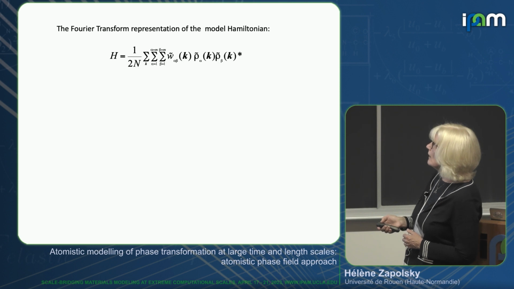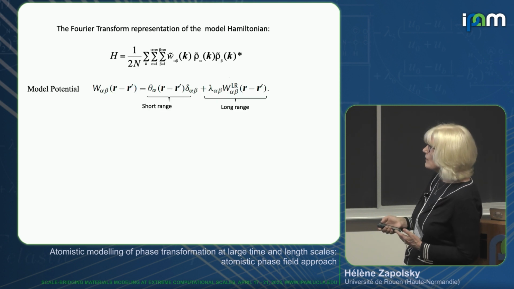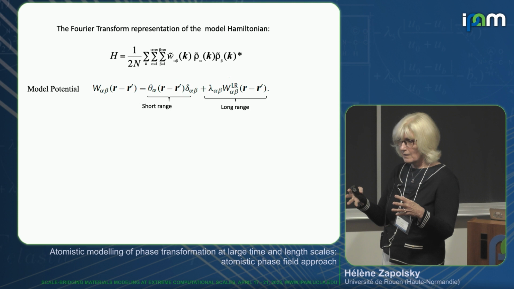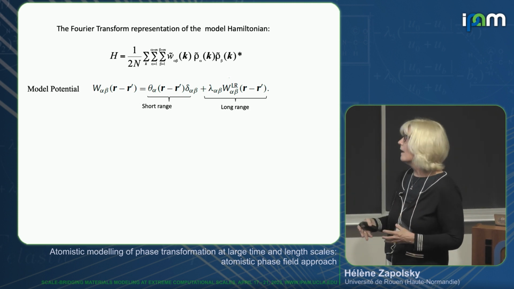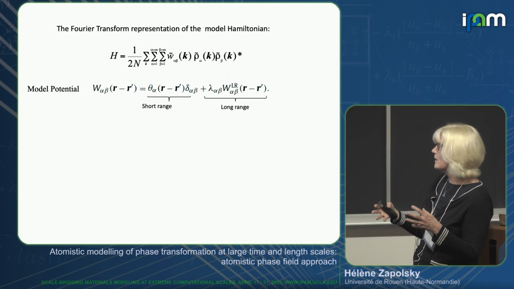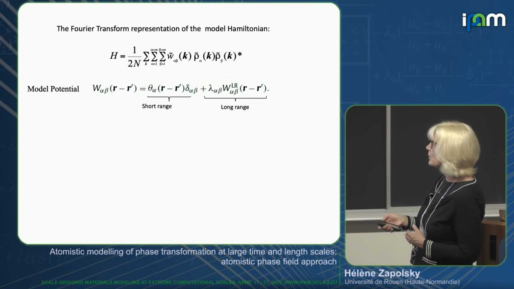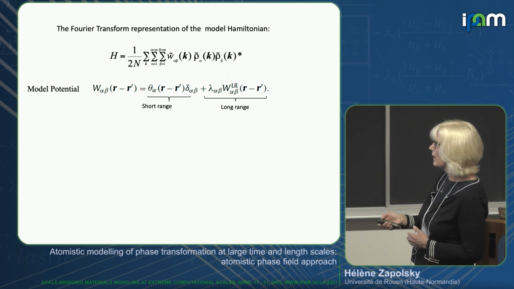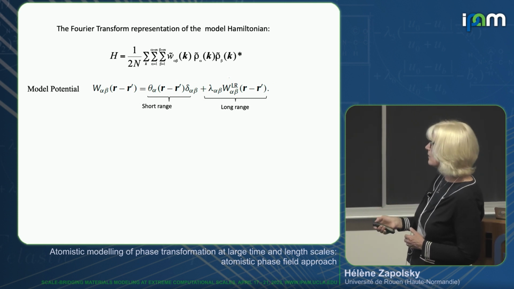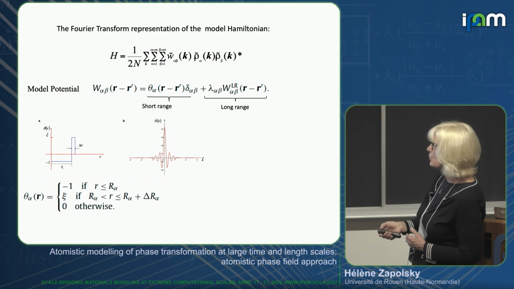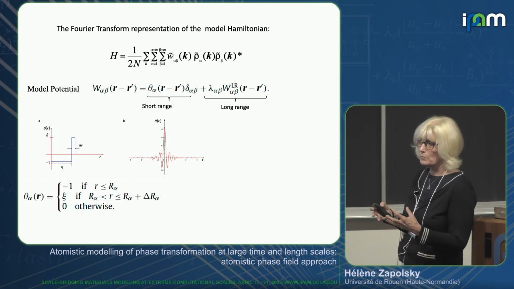So how about the interaction in this case? Now we have atoms which have some size, and we have the interaction between the atoms. This is why we need to introduce two kinds of interactions: the short-range interaction, which you can see here, and the long-range interaction. The short-range interaction was introduced by a step function to fix the size of the atoms. Why?